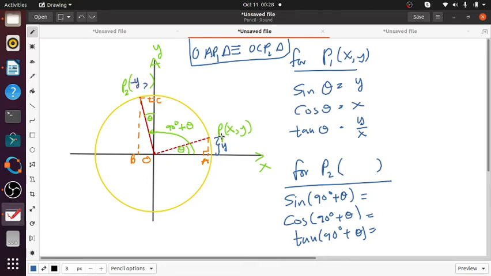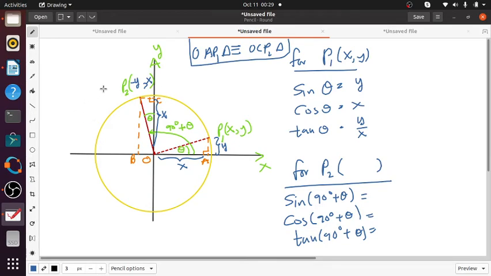Now when you look at P1, OA is x. That means OC is also x. OC is the y coordinate of P2, so we can write x here.